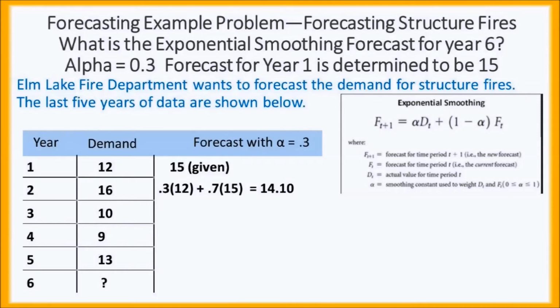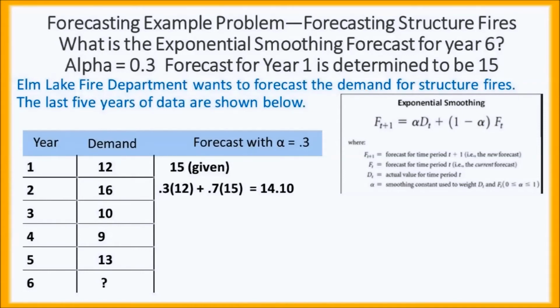So in our case, the forecast for year 1 has already been given to us. The forecast was 15. Of course, like all forecasts, that forecast is wrong. The actual demand was 12. So we had some error involved there.